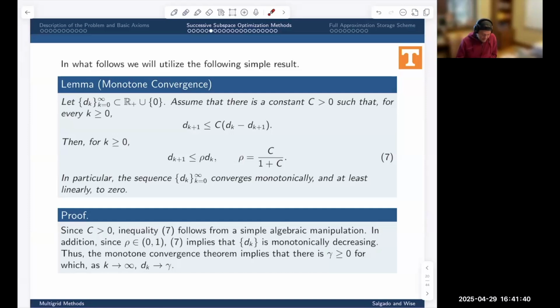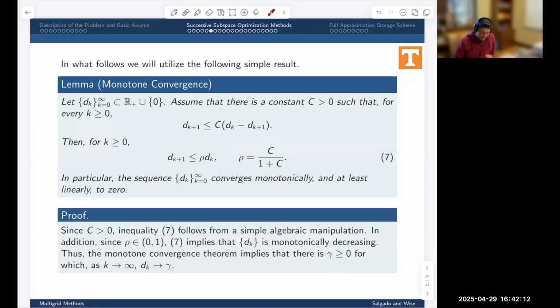So since C is greater than 0, inequality 7 follows from a simple algebraic manipulation from this assumption. So I'm going to leave it to you to do that. It's not very difficult. It's just a couple of lines to show that this implies this, where rho is equal to that fraction.